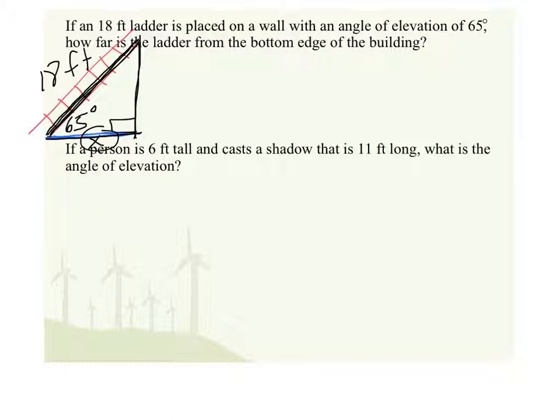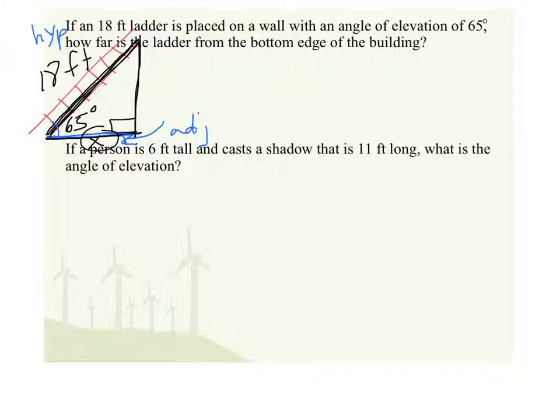Now after I have the diagram, the next element of this process is picking the right trig function. Okay, 65 degrees is going to be my reference angle. And the side that I'm trying to find is adjacent to the 65-degree angle. This 18-foot ladder is acting as the hypotenuse.